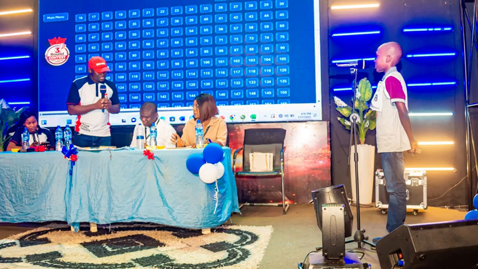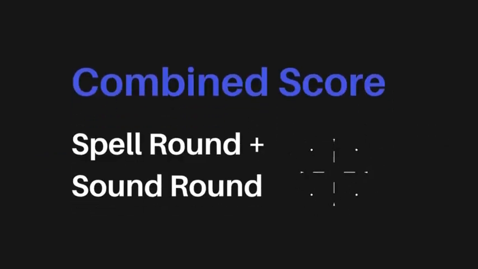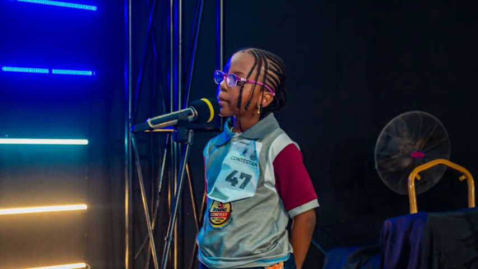Round 2 tests pronunciation knowledge, not just whether a student can say a word, but whether they understand how the English language sounds. The question formats in this round vary by class level. Younger contestants may encounter multiple choice and isolated word reading.